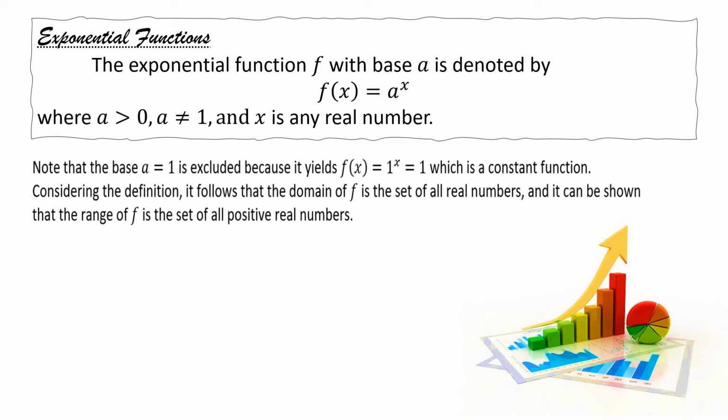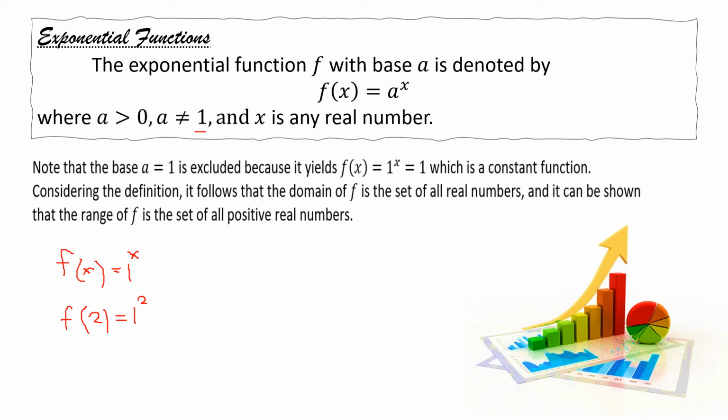Okay, so let's have here examples. Why is it that our base must not be equal to 1? So we have f of x equals 1 exponent x. Let x be 2, so let's substitute 2.